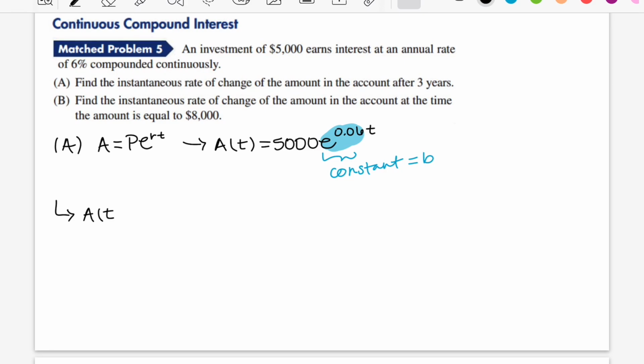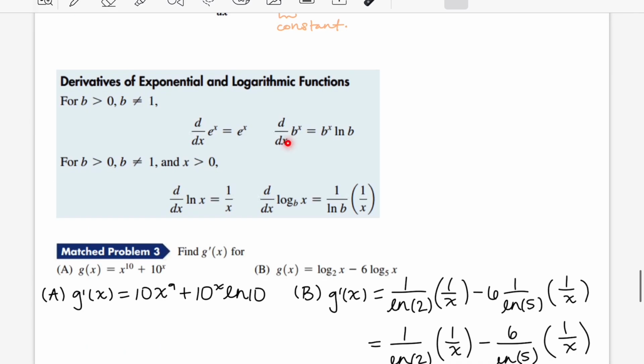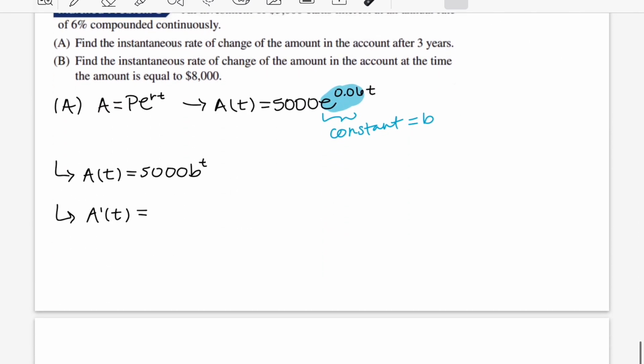So we're rewriting our amount as 5,000 times b to the power t. And the reason why is when we want to find the derivative, or our instantaneous rate of change of our amount, we'll use the fact that the derivative of b to the x is b to the x times ln b. So we get this 5,000 out front times b to the t times ln of b.